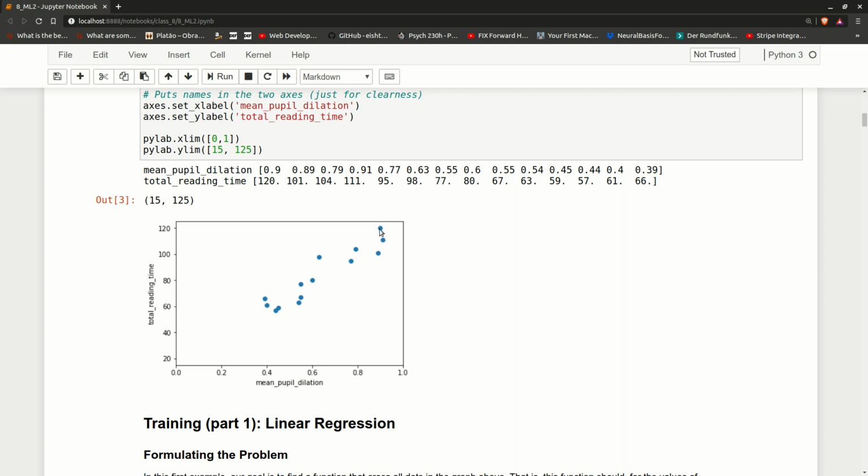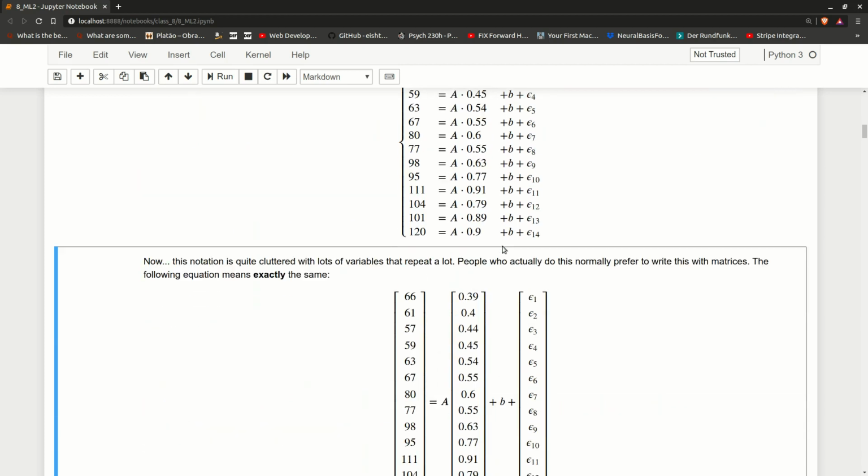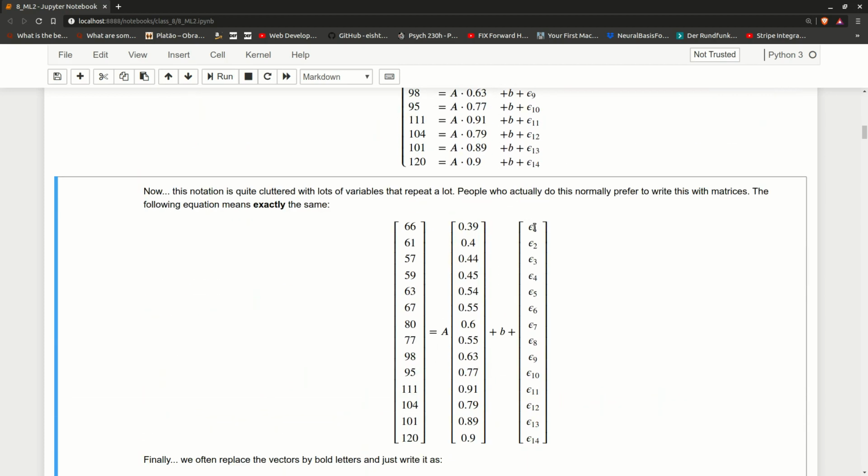My goal is to minimize these errors, to make each one of these epsilons as small as possible. The way it works is when you do regression, when you do classification too, but in our case here, when you do regression, you want to minimize a cost function, a loss function. These are the two words that are used, either loss or cost function.